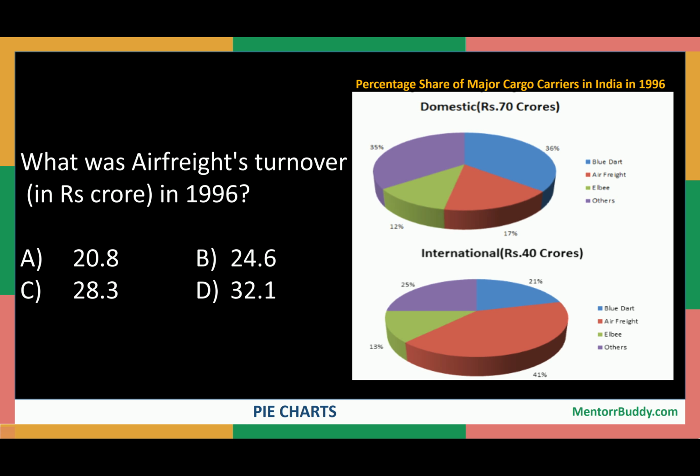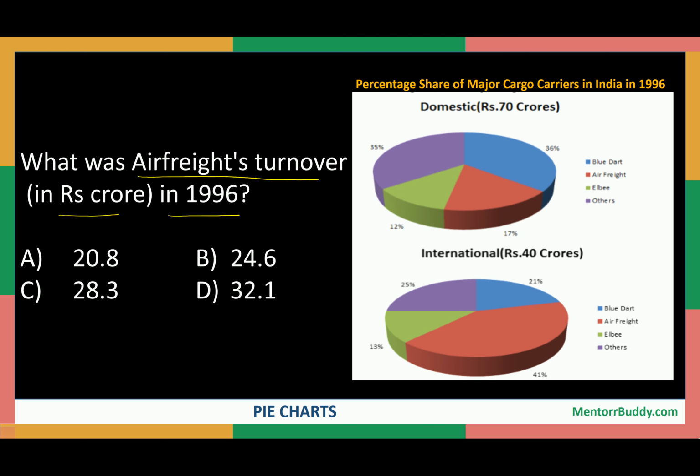This is one way of representing the turnover of different companies. We can also represent it in the form of line graphs or bar graphs, but here we have a pie chart. The question asked is, what was air freight's turnover in crore in 1996?